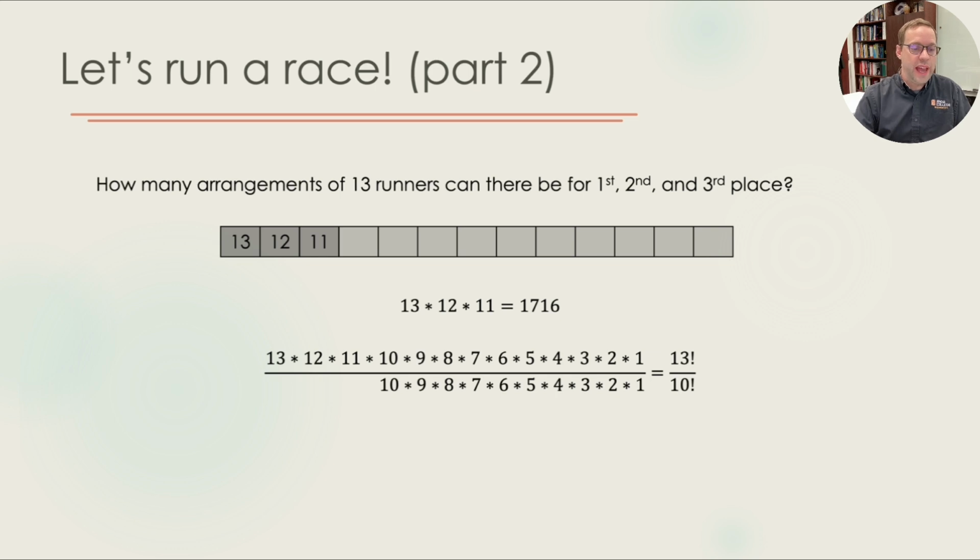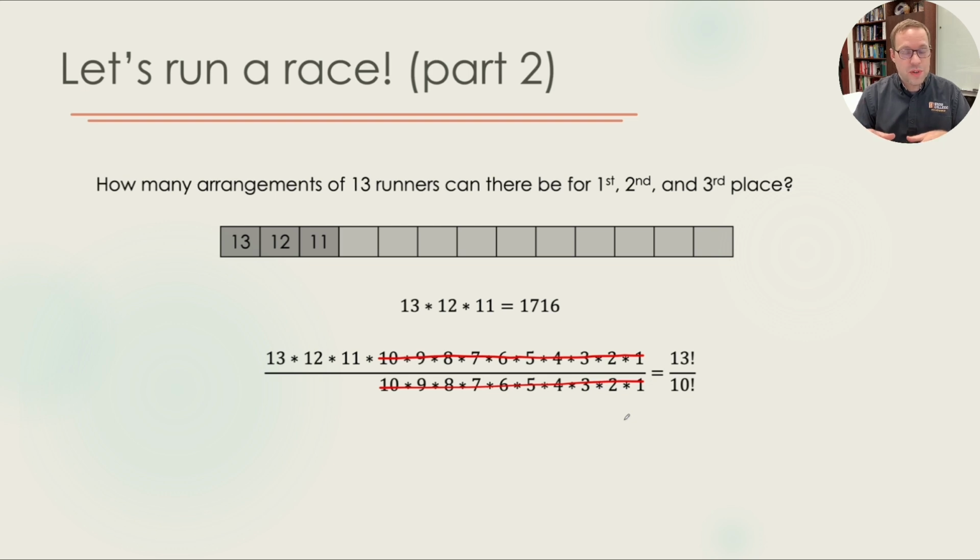So we have 13 factorial on the top divided by 10 factorial on the bottom. That takes all of these extra numbers and cancels them out, and they just go away. So 13 factorial divided by 10 factorial just gives us 13 times 12 times 11.